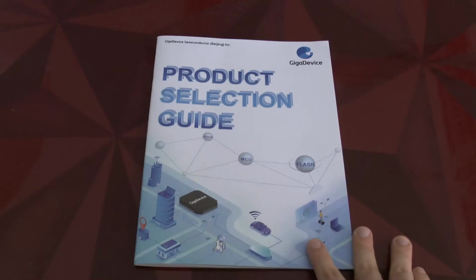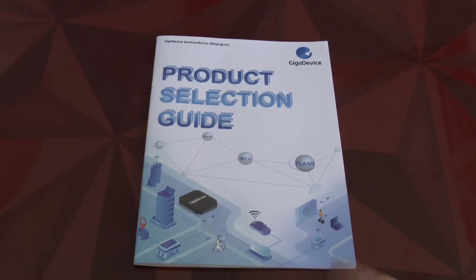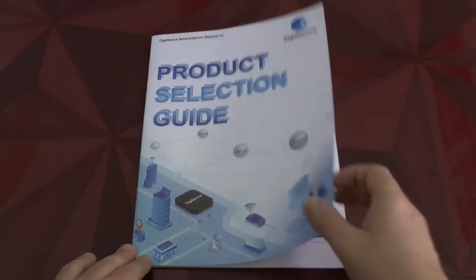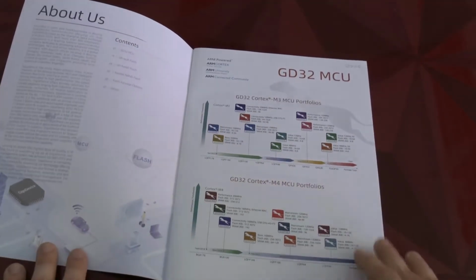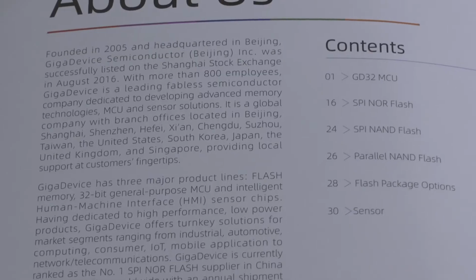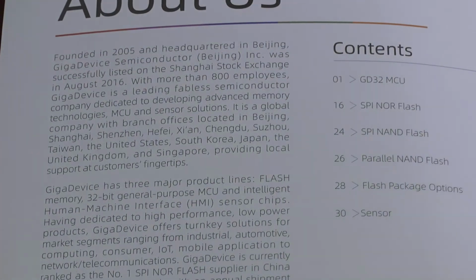As you see here, there's a product selection guide, which I can always send you if you want me to. And if we look inside here, we find out more about GigaDevice. The particularly important thing is this here.